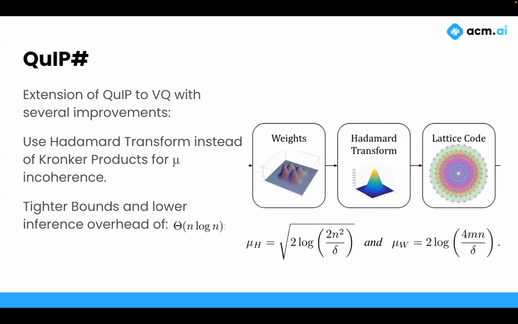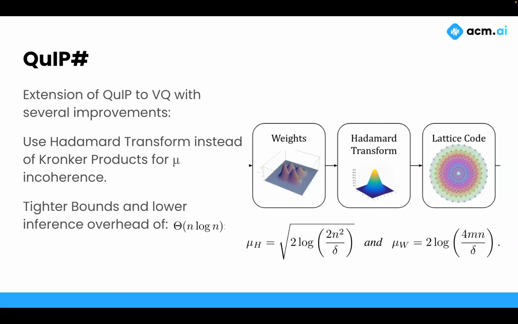The first is that instead of using the Kronecker product to get the orthogonal matrices, they use a Hadamard transformation. This saves inference time overhead, because now it's n log n versus n square root n previously, as well as getting tighter bounds for the mu, the incoherence of the Hessian and weight matrix. And the final thing they do is a lattice codebook.